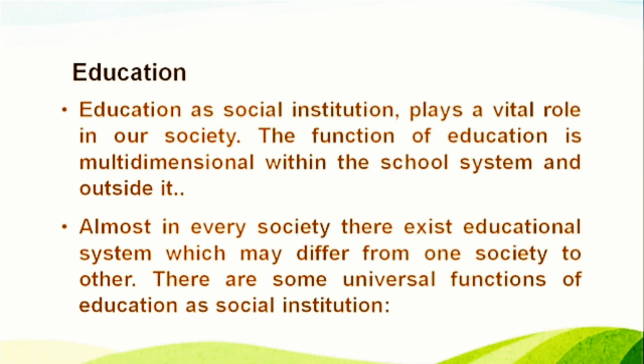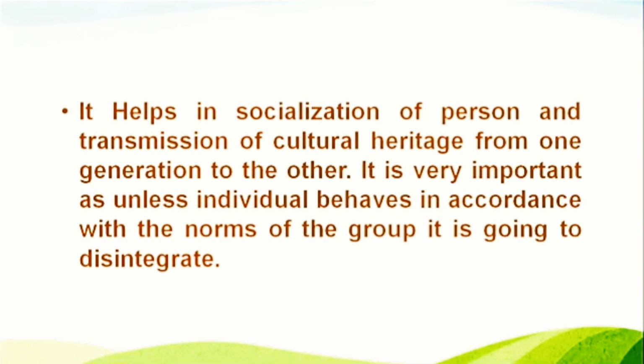There are some universal functions of education as a social institution. It helps in socialization of a person and transmission of cultural heritage from one generation to another. It is very important, as unless individuals behave in accordance with the norms of the group, it is going to disintegrate.